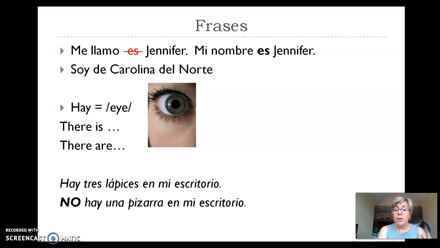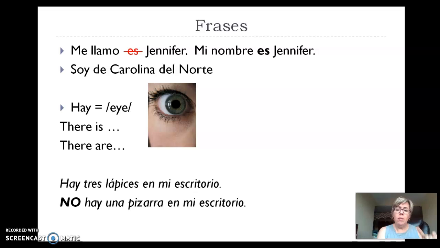Okay? Remember, if you make the objects 3, like lápiz, you have to make that plural. So 3 pencils becomes lápices, right? We have to make that plural. If I want to say something isn't there, there isn't something on my desk, then you put the no before the verb hay.